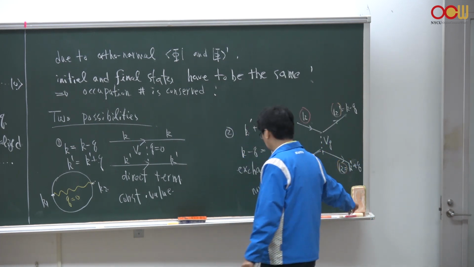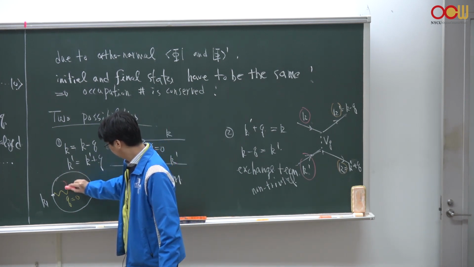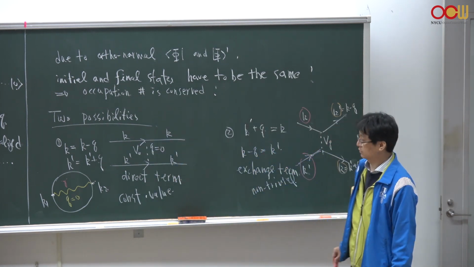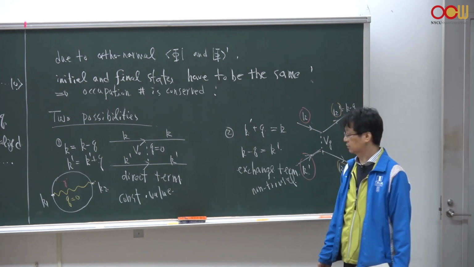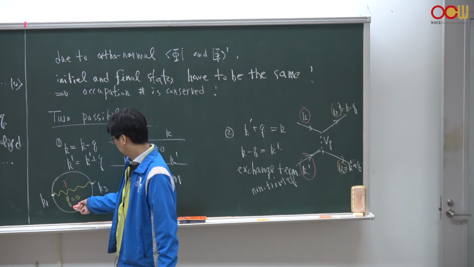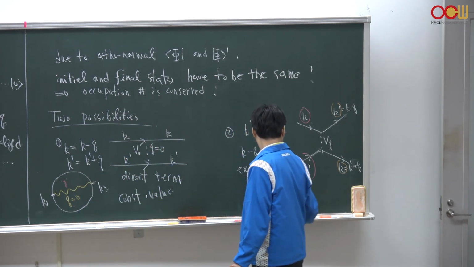Because the Coulomb interaction is nothing but electromagnetic wave, and in the second quantized formalism, electromagnetic wave is nothing but photon. So two electrons exchange a photon with photon momentum 0 in the direct term.